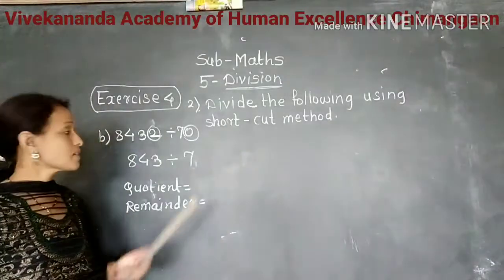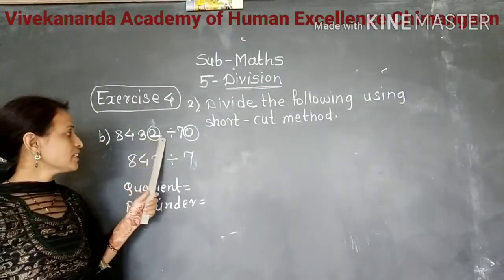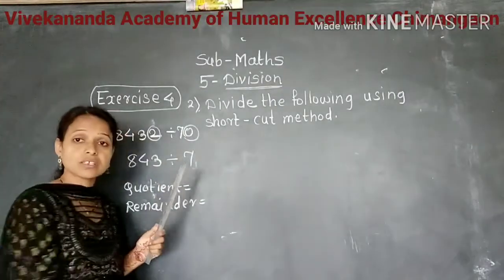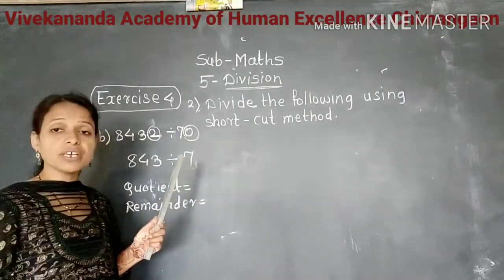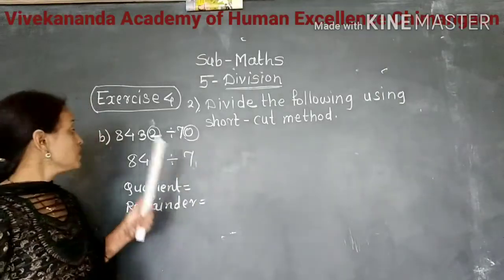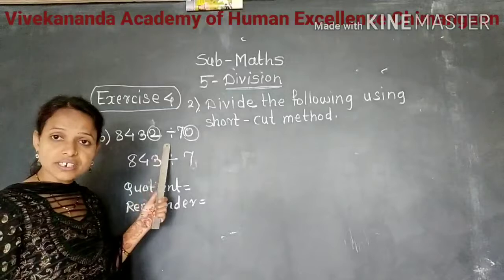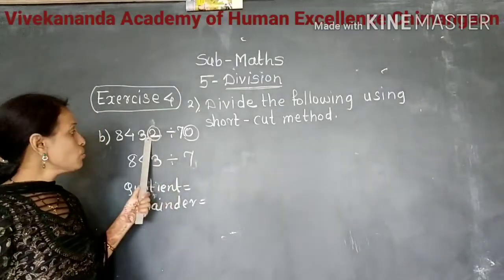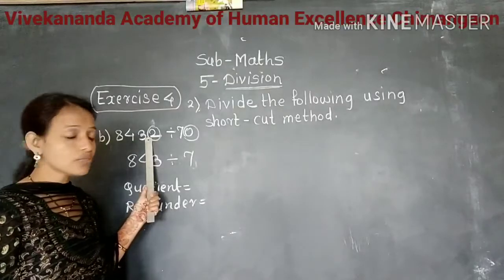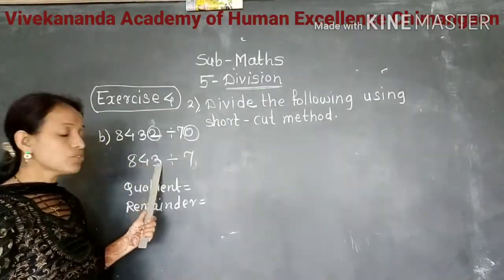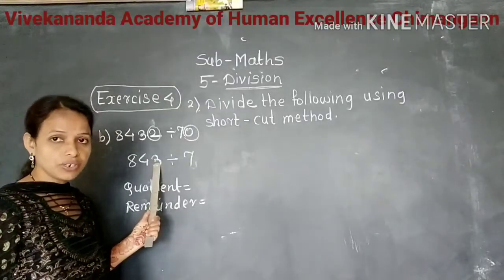Okay, second example: 8432 divided by 70. You have learned that by the shortcut method we have to remove the ones digit from dividend and divisor. So here 8432 is the dividend and 70 is the divisor. We remove the ones digit from the dividend and get 843, so 843 is our new dividend.